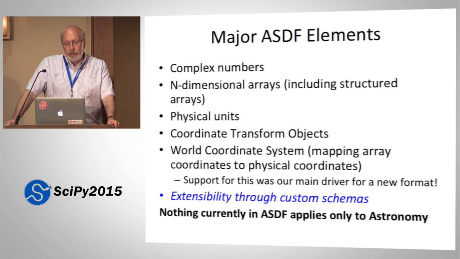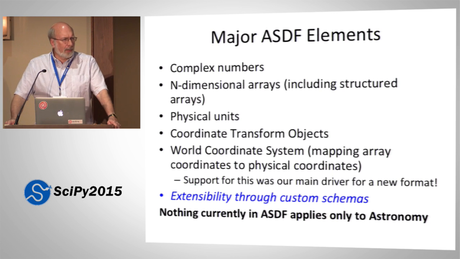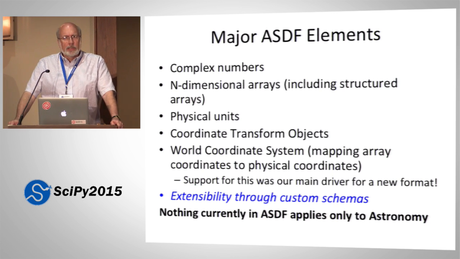So the last item is more of a quality, and I wanted to explain that a bit more as well, which is we wanted something that was extensible. One of the things in FITS was it was very hard to deal with expanding the capabilities without going through lots of hoops.